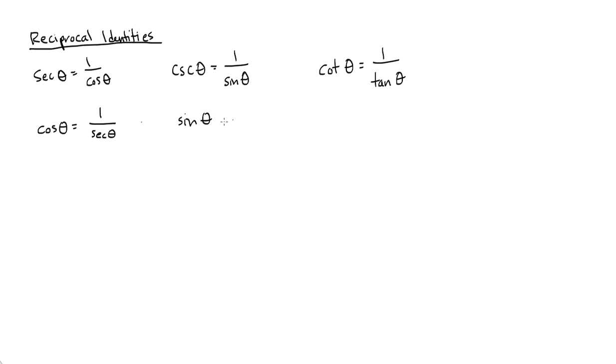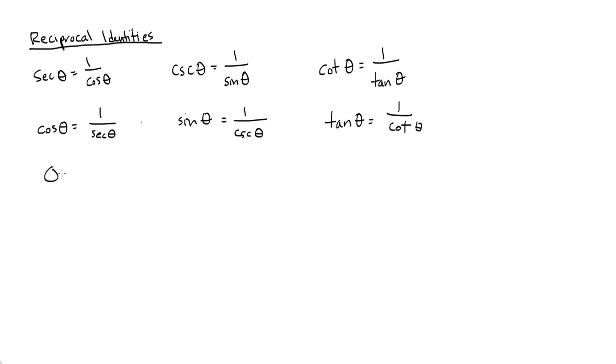Sine is the reciprocal of cosecant, and tan is the reciprocal of cotan. So we have 6 reciprocal identities.